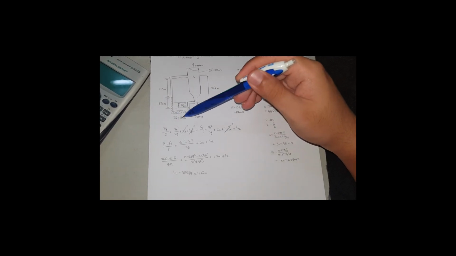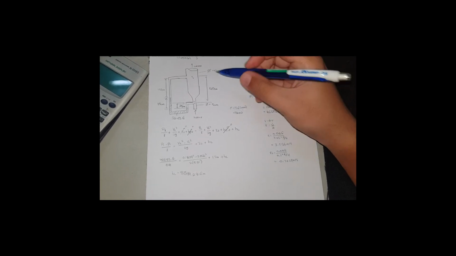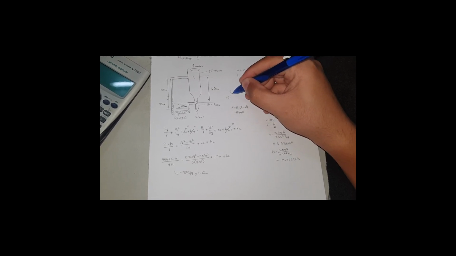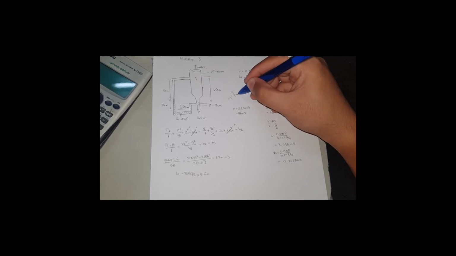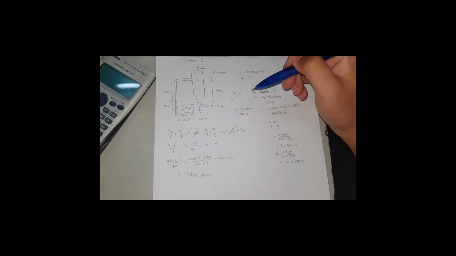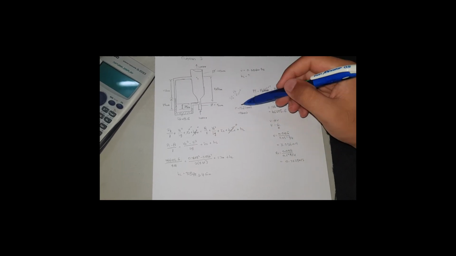So for the rho, we have the SG 13.6. The equation for this one is SG equal to rho substance over rho water. Rho water is 1000. The SG is given, and we can get the rho of the substance.